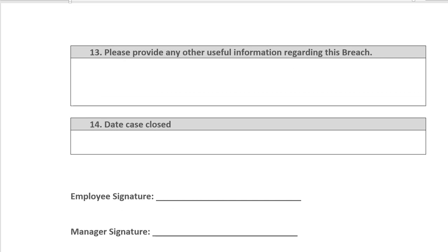After you've completed that, you'll keep that record until it's closed and have somebody sign off on the completion of the file. Okay, so that's your data breach response procedure.